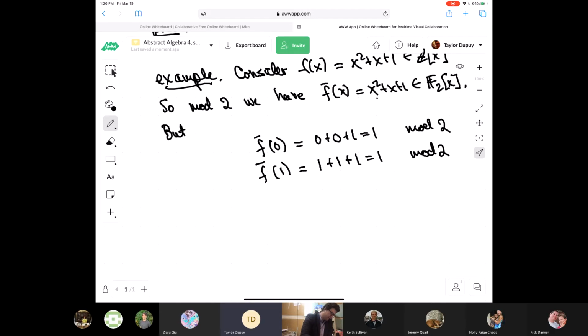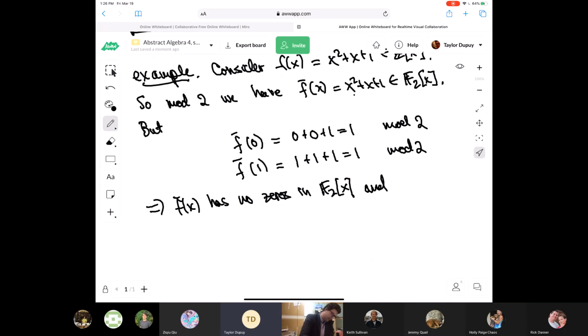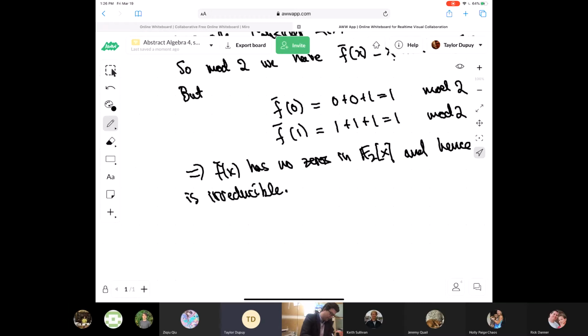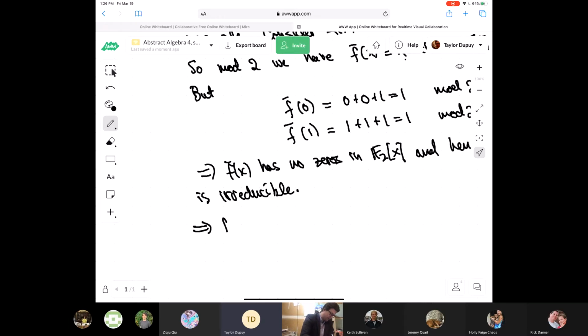So this proves that f bar of x has no zeros in F2, and hence is irreducible. And that implies that the original f of x is irreducible.